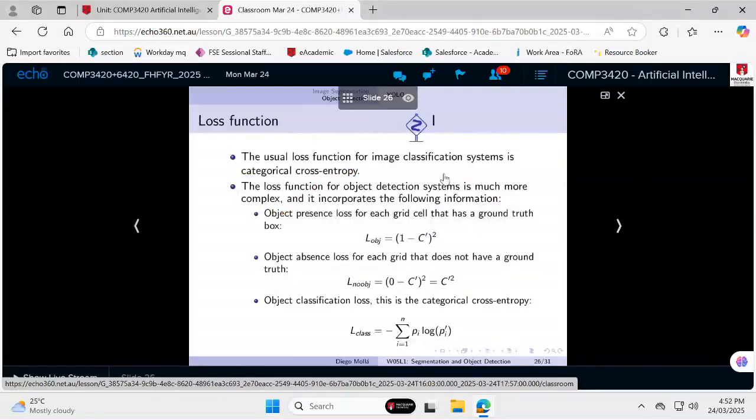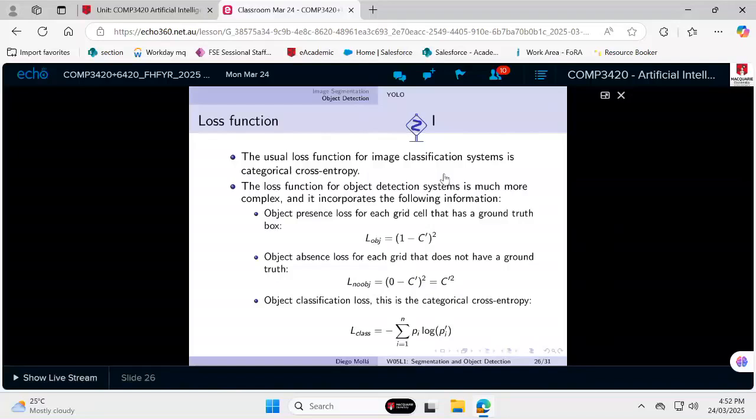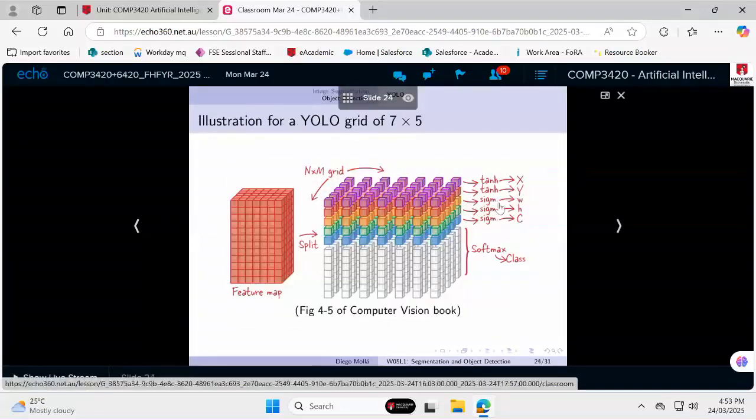Okay, and the final part of object detection is the loss function. If you recall, the loss function is going to measure the error of prediction, and the system is going to be trained so that it will minimize the loss. That's the goal. In this case, because now we have multiple objectives for each cell, for each channel, they have a different goal, right?